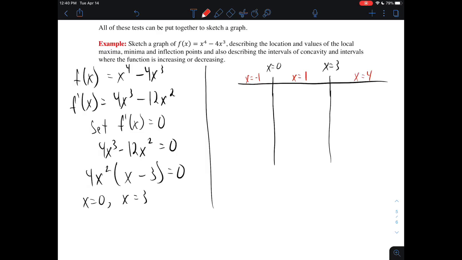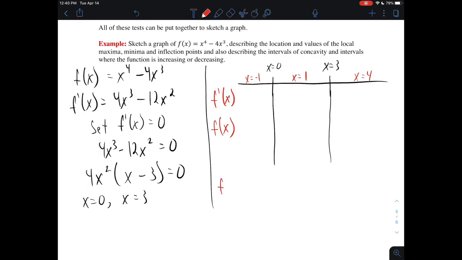So keep in mind what we're trying to do here. I'm using these test numbers, the ones that are in red, and I'm putting those into my first derivative to see if the first derivative is positive or negative. Once I have an answer about that, then I know if my function, f of x, is increasing or decreasing.